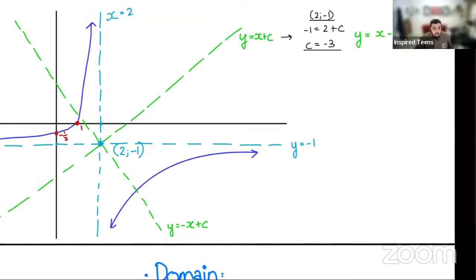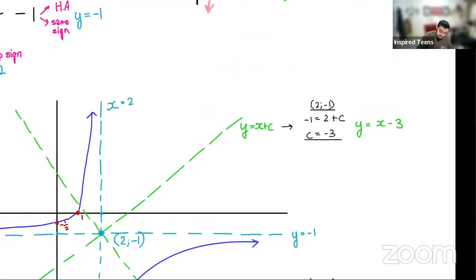Then we can find the equation of the axis of symmetry with a negative gradient by simply substituting the intersection point of the asymptotes. So y is equal to mx plus c, negative 1 is equal to negative x plus c, so negative 2 plus c.